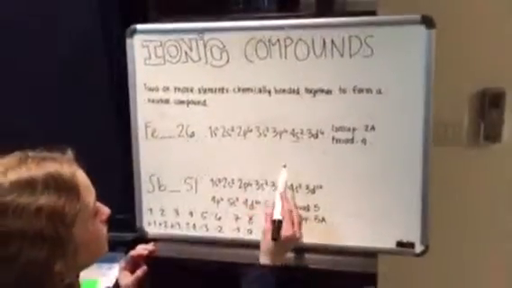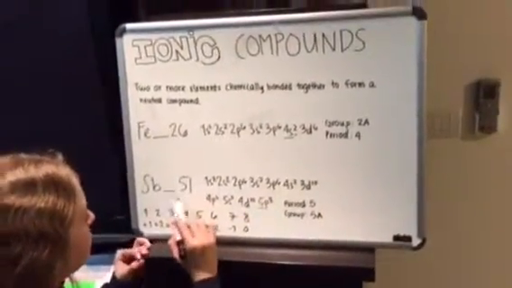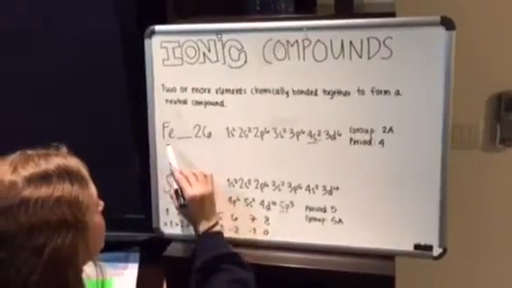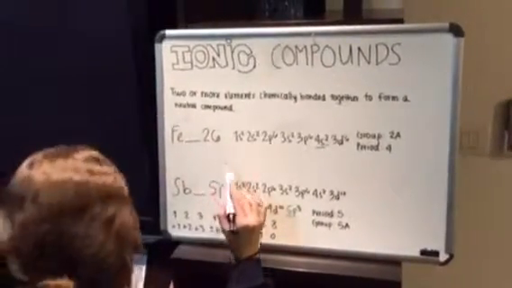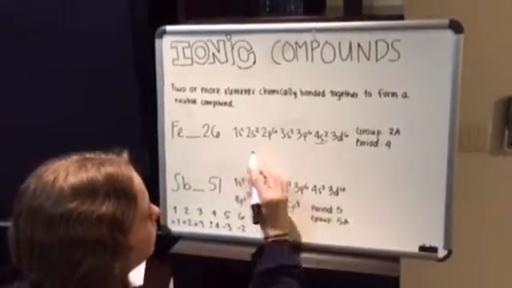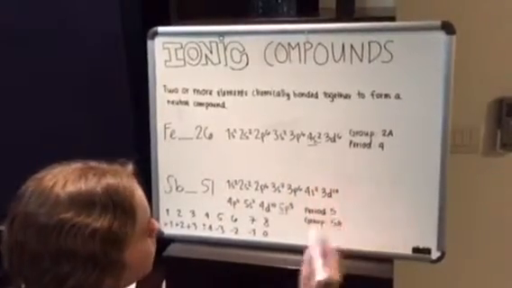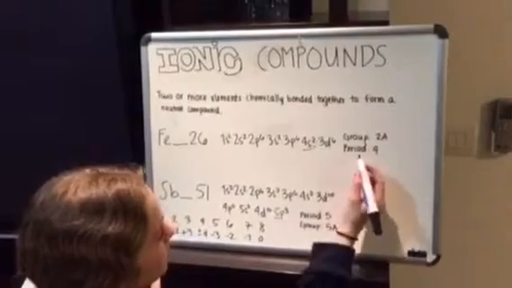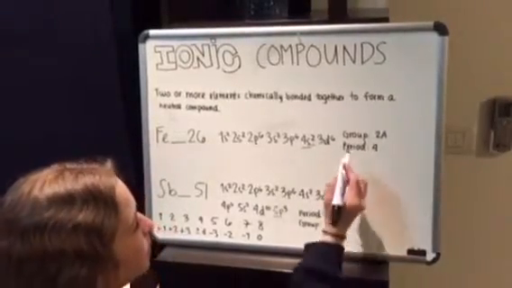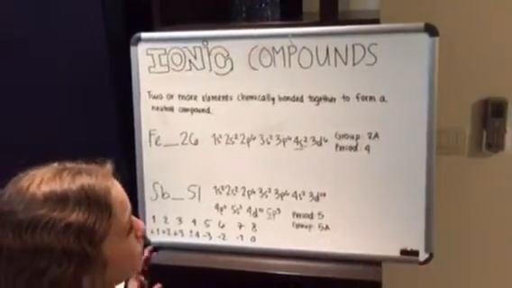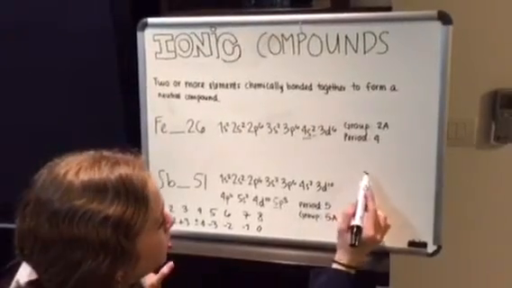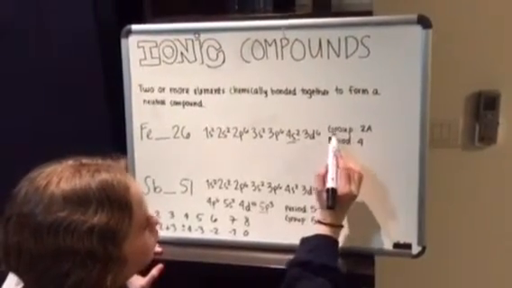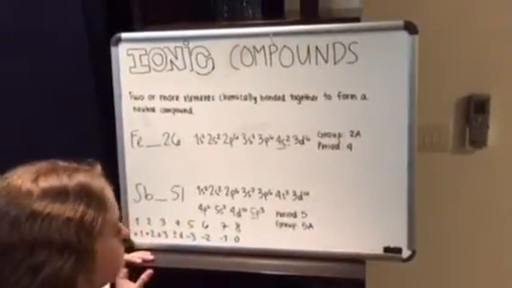This is the next example: antimony, that has 51, and iron, that has 26. And as always, we do the electron configuration. One thing is that you don't need to know the period. That is like extra information, but for finding the ionic charge, we have to know the group, that is the most important thing.